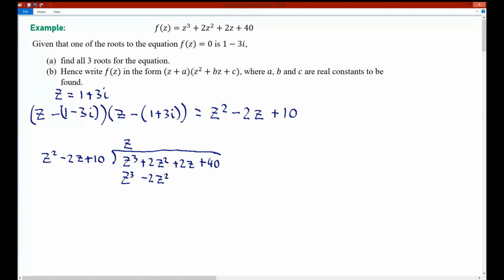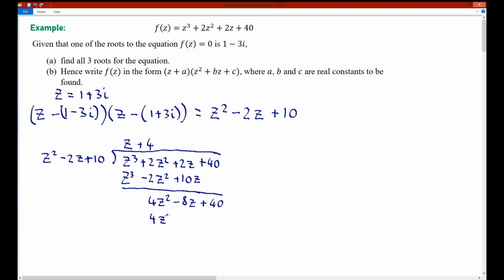this. We then take them away. The z cubes cancel out. We're going to end up with 4z squared, and we're going to end up with minus 8z, and then we're going to end up with plus 40. And then the last bit is quite easy. We can see it's going to be plus 4 there, multiplied. z squared times 4 equals 4z squared, which is what we want.